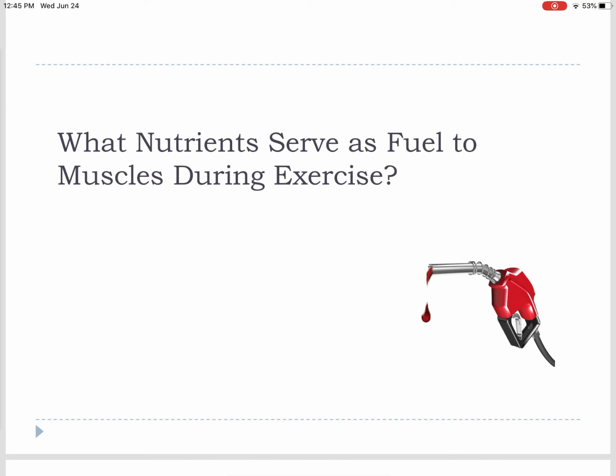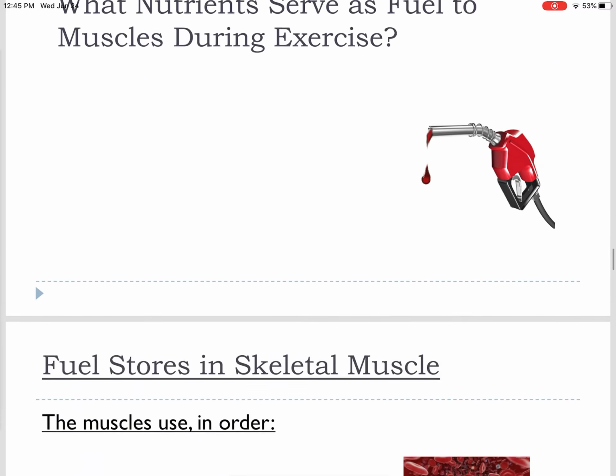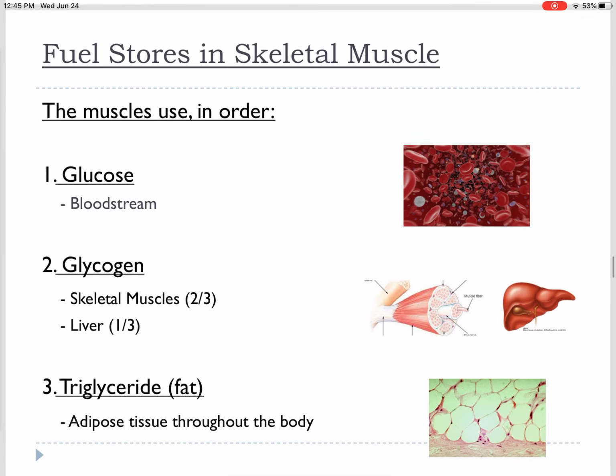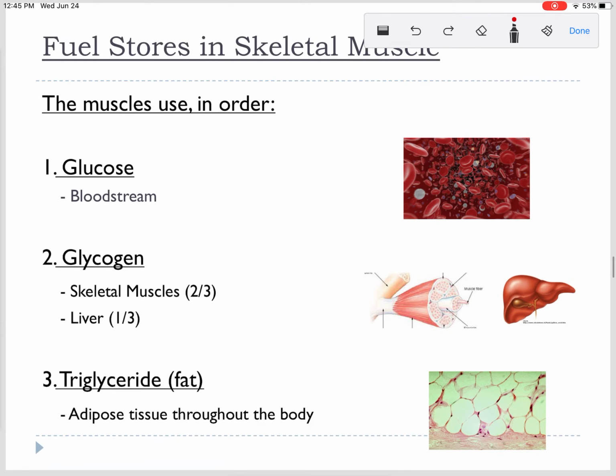Okay, now let's talk about glucose, glycogen, and fat. I know it can be a little confusing because we just spent time talking about how we produce ATP. So what I want to point out is the steps that we just talked about were how we convert those nutrients into ATP.